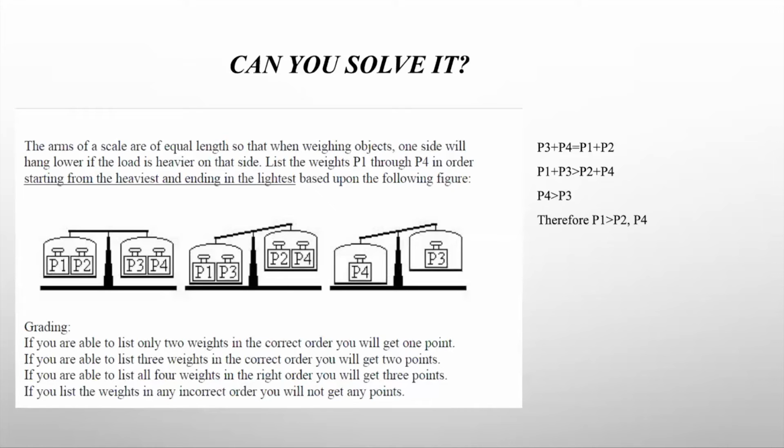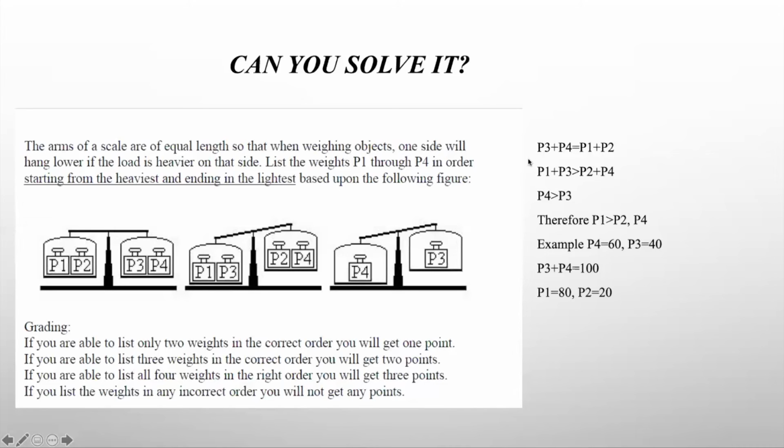You see? So, for example, if P4 is 60, P3 is also 40. And when we look at P1 is greater than P2 and P4. So if P4 is 40, for example, we can say P3 plus P4 is already 100. Therefore, we can say that P1, for example, can be 80 and P2 can be 20.